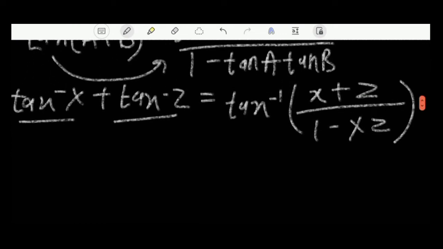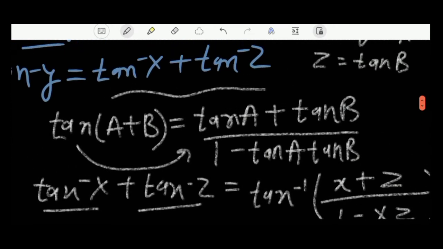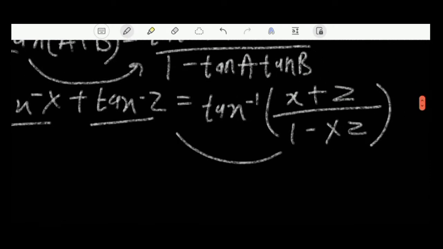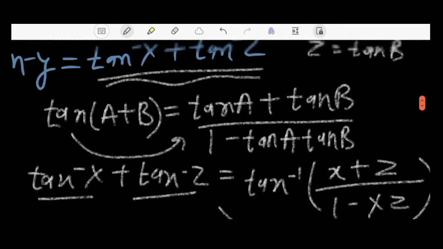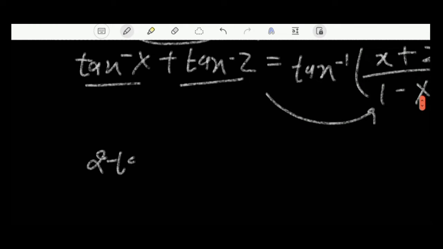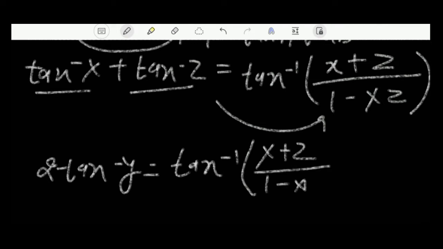So this is the expression we get. We can substitute this value and get a new expression, which is tan inverse x plus z upon 1 minus xz.